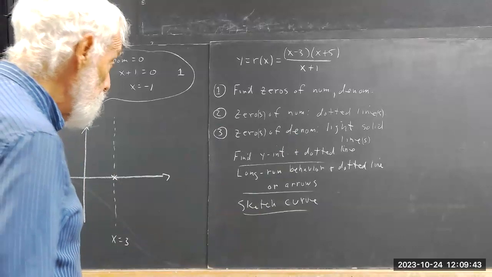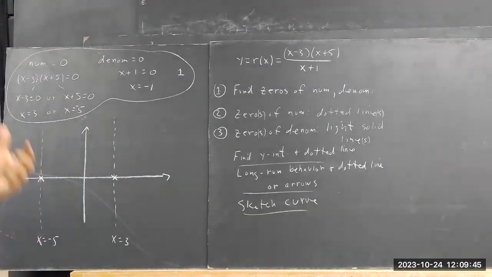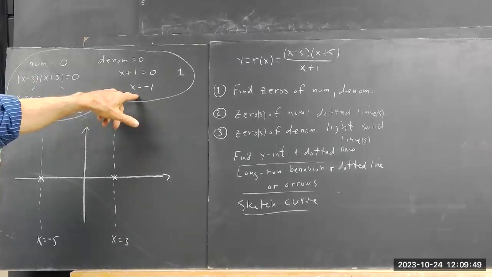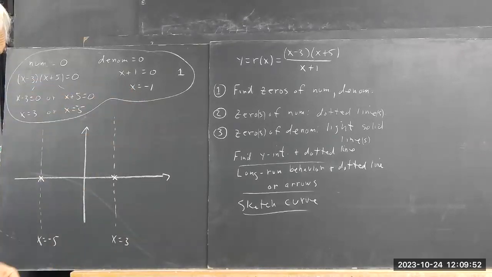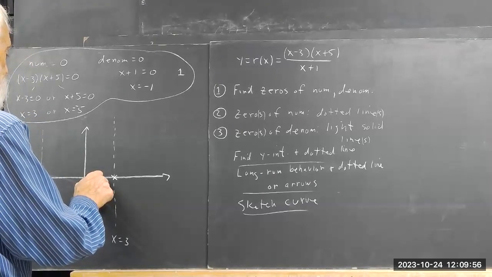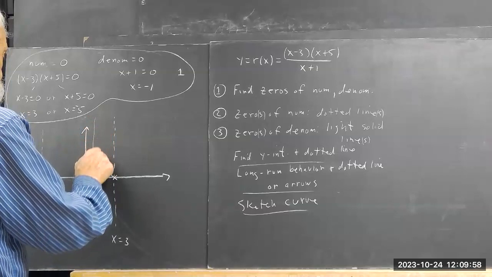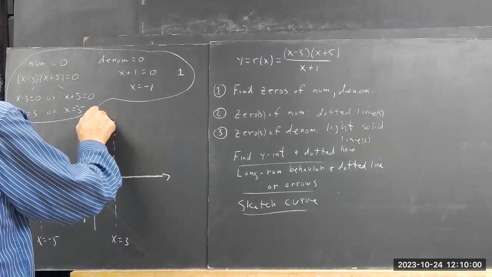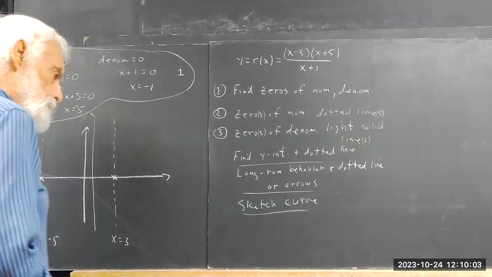Zeros of the denominator we're going to write as light solid lines. Okay, so 0 of the denominator, well, that's just x equals -1. So I'm going to write that as a light solid line. And it's -1.